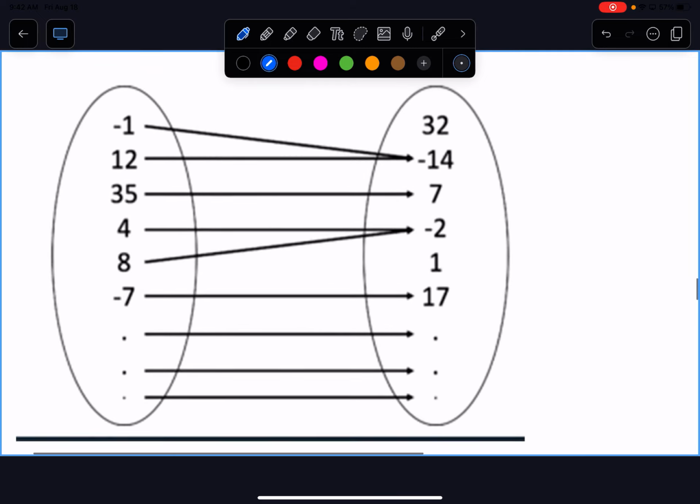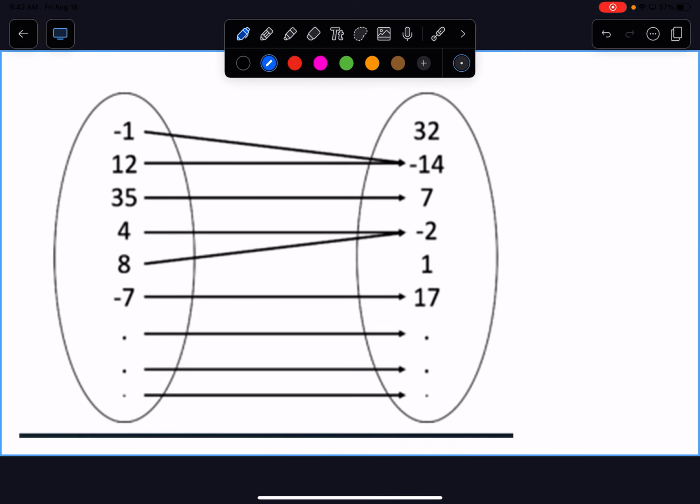Now look, think for a minute before you answer. Remember, for it to get the special name function, each x can only point to one y value. So look at this for a second before you answer. Is this going to get the special name function? Yeah, it is. And last hour, a lot of people said no, and it makes sense why they said no. It's a very common mistake.